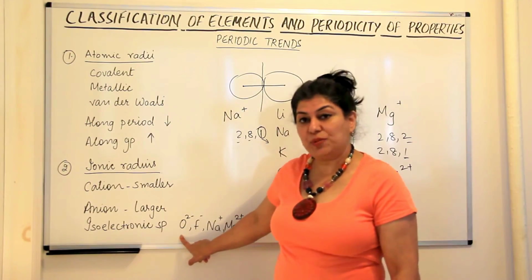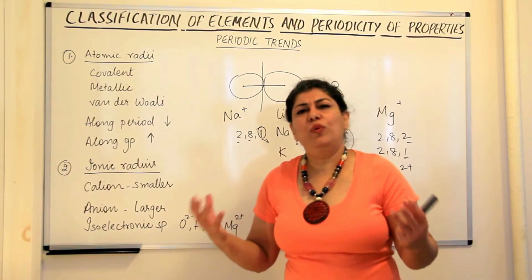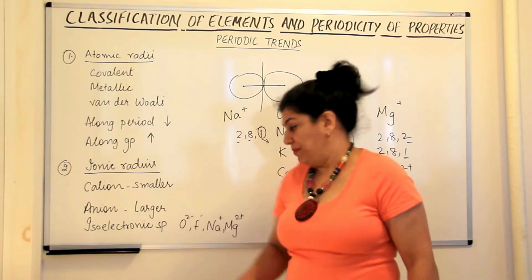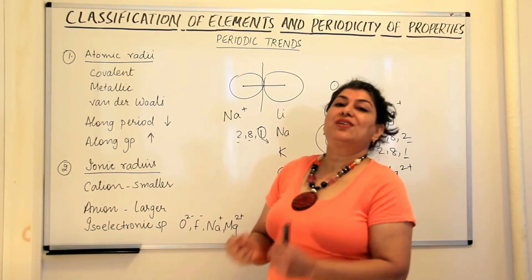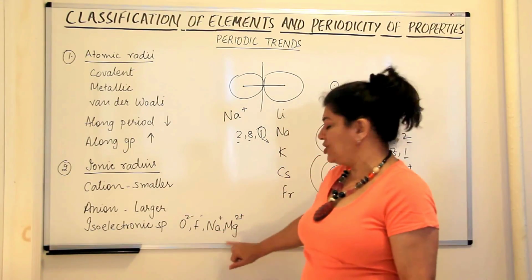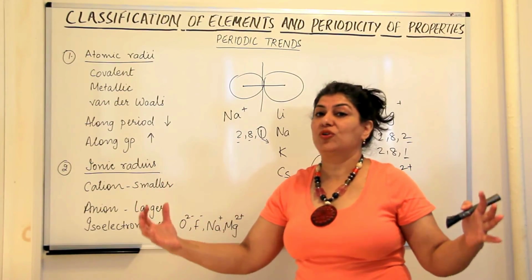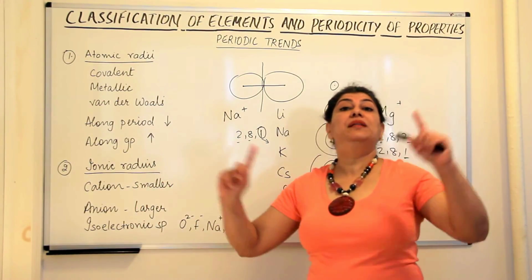Oxygen has only 8 protons, fluorine 9, sodium 11 and magnesium 12. So which nucleus is the strongest? Magnesium is the strongest. So which will attract those 10 electrons more towards itself? Obviously magnesium. So the effective nuclear charge on the electrons of the magnesium ion would be the maximum.